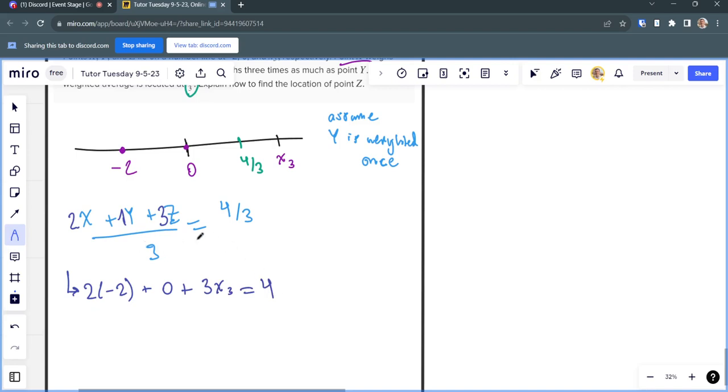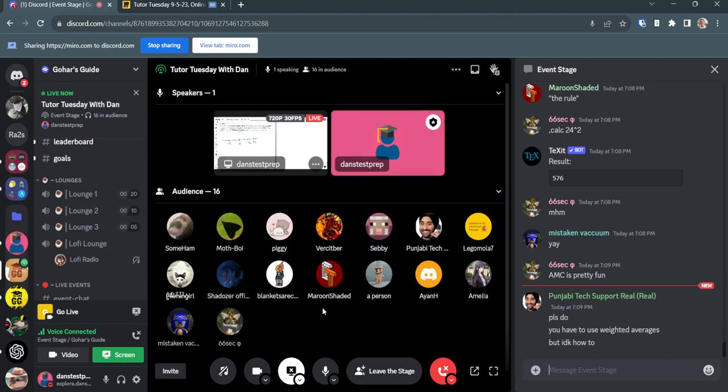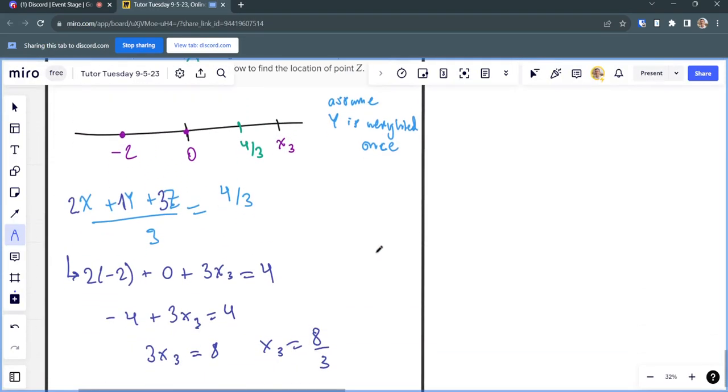I'm going to multiply by 3 right away. So -4 plus 3x3 is equal to 4, or 3x3 is equal to 8. So x3 should be equal to 8/3. Hopefully that was correct. I don't have the answer key for this one, but I would assume that process works.